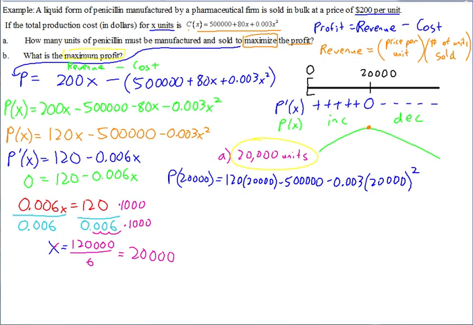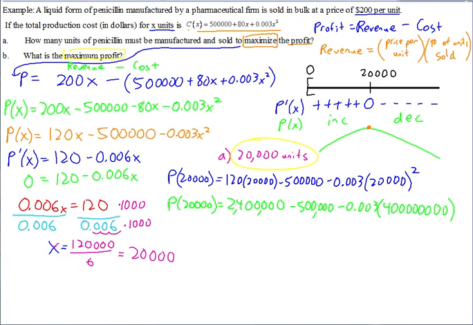So let's see if we can figure this out without using our calculator again. With 20,000 units. Well, 2 times 12 is just 24, and then you just add on 1, 2, 3, 4, 5 zeros. Okay, now here's probably helpful to do is you're adding a comma, so that's 2,400,000. Minus, we add the comma here, that's 500,000. And minus 0.003 times, if you square 20,000, 2 squared is 4, and then you'd have 8 zeros. All right, lots of zeros.